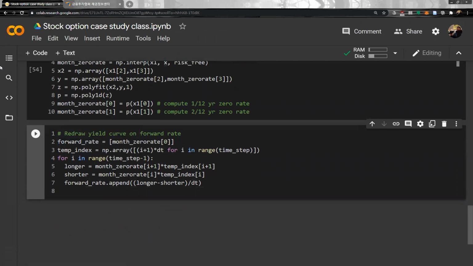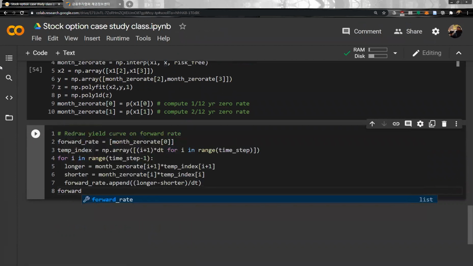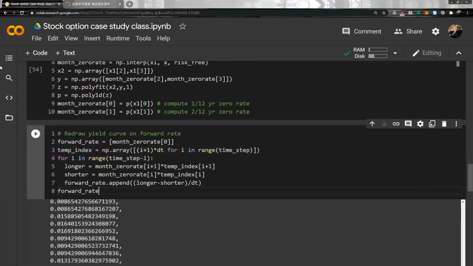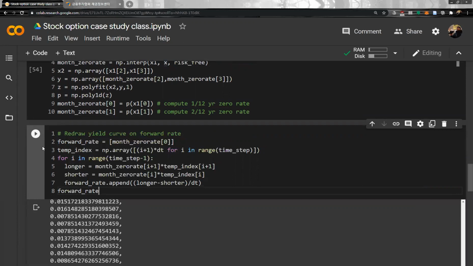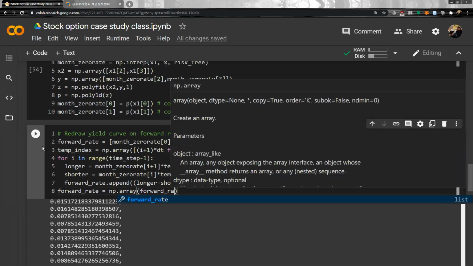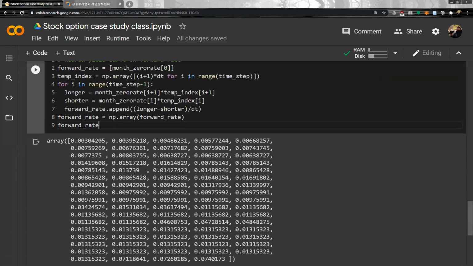So let me see the forward rate. The forward rate now looks like this one. Oops, this is a list, so I have to make it a numpy array, np.array of forward rate. Okay, the forward rate looks like this one.